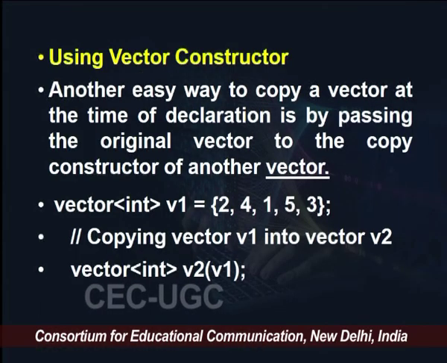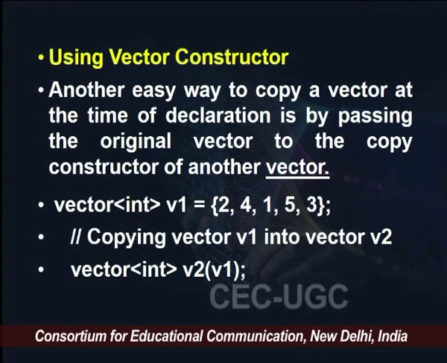Then, remember your basic C++, we have lots of constructors. If we want to copy the contents of one object into another, we can do it through the constructor also. So, here also we can use the vector constructor, which is another easy way to copy a vector into another.